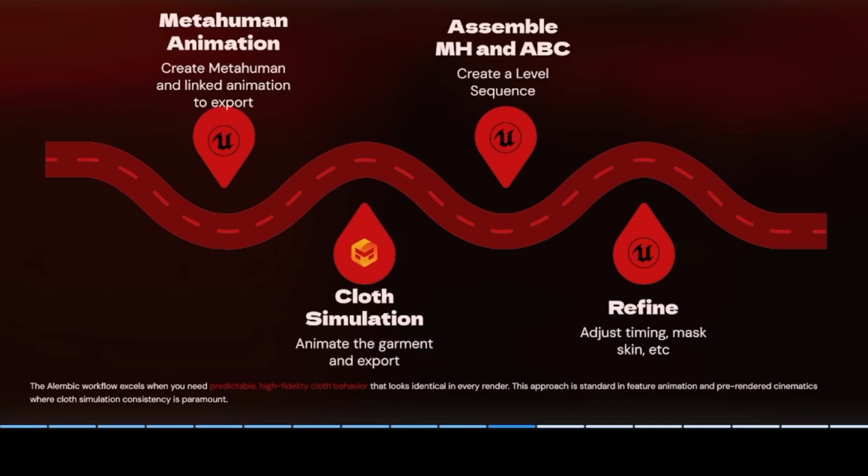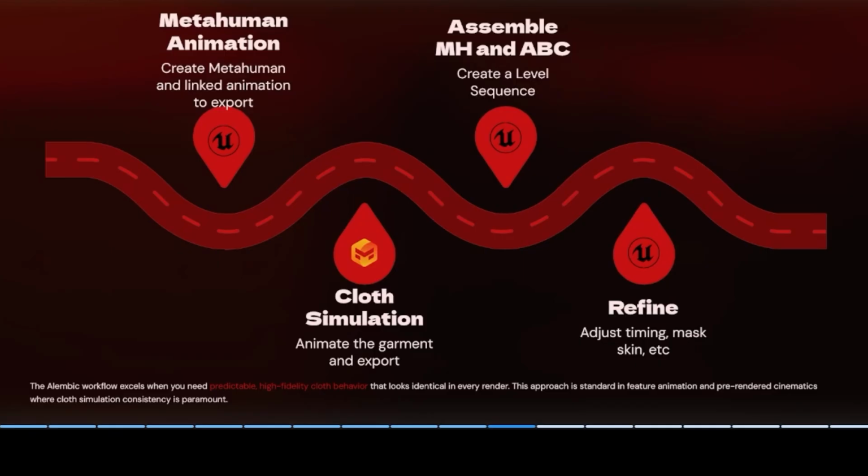After that, we export the animated garment back to Unreal using Clo plugin or Alembic format export. And finally, 5. Inside Unreal, we go back to the sequencer and we assemble the scene using the metahuman animation, the animated Alembic garment, and the geometry cache component to play back the baked simulation.